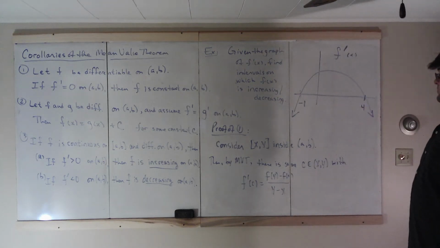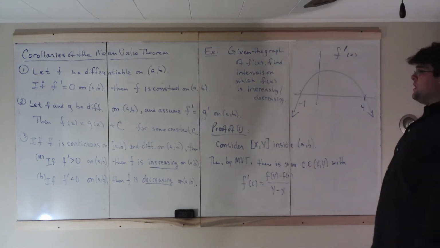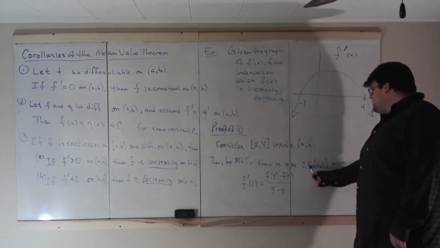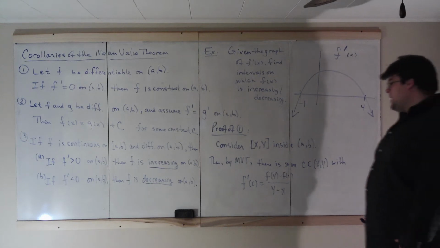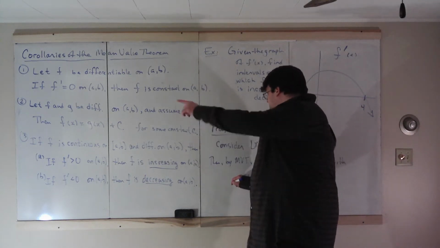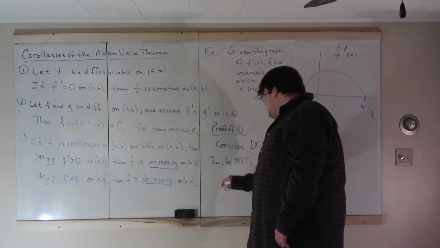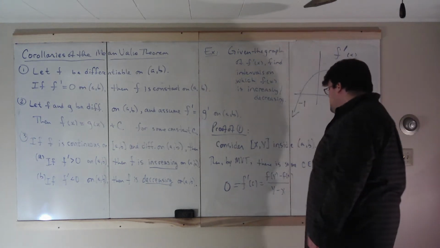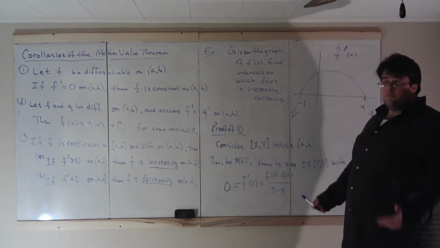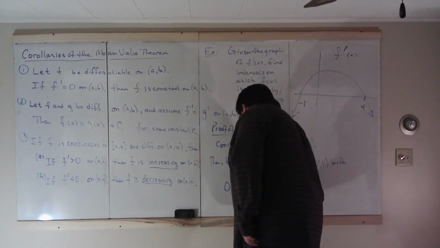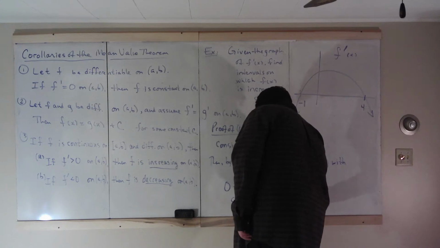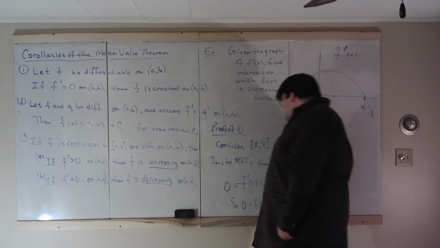But our assumption is that inside this interval (a, b), f prime is always 0. c is within (x, y), so in particular it's within (a, b). So by that assumption, that equals 0. Well, what happens if that is equal to 0? Multiply by the denominator, and you get 0 equals f of y minus f of x.